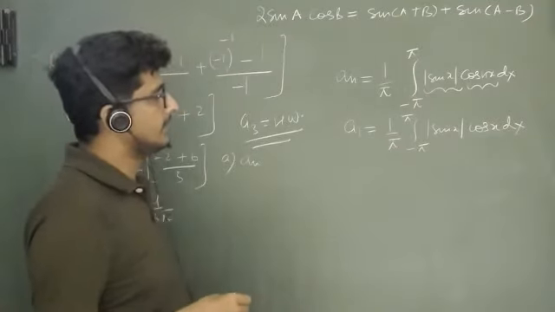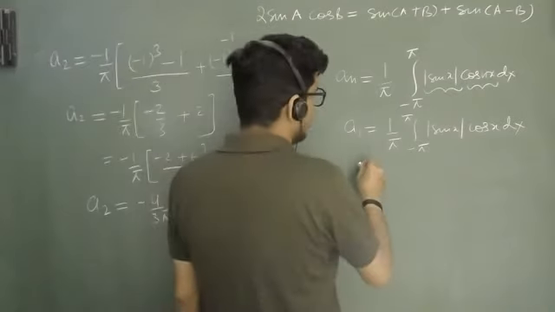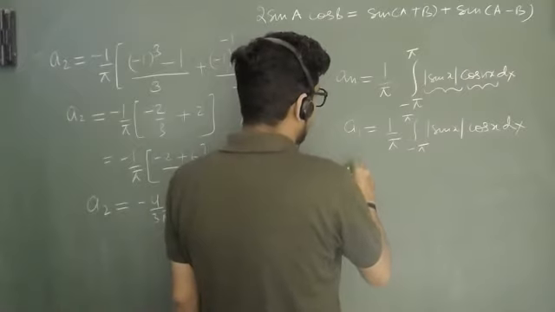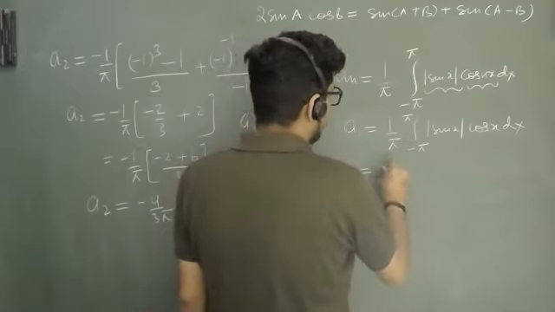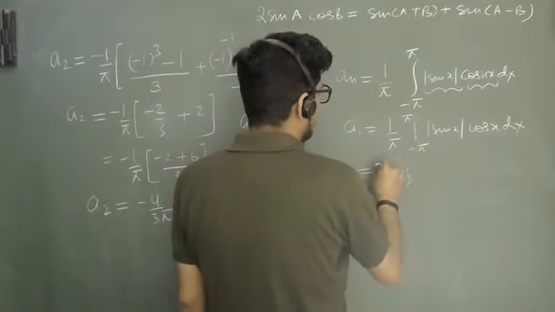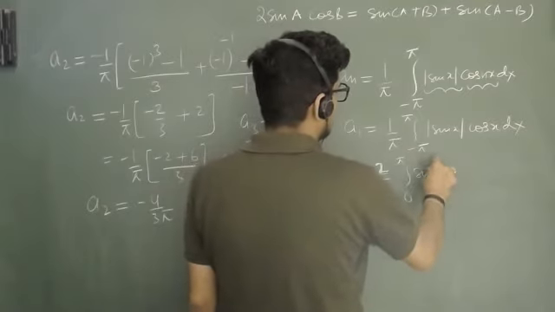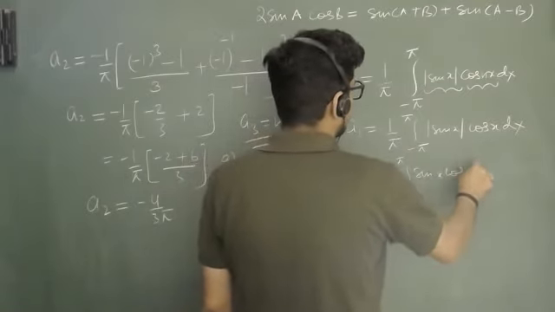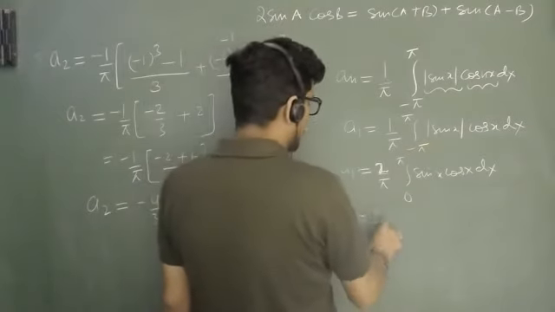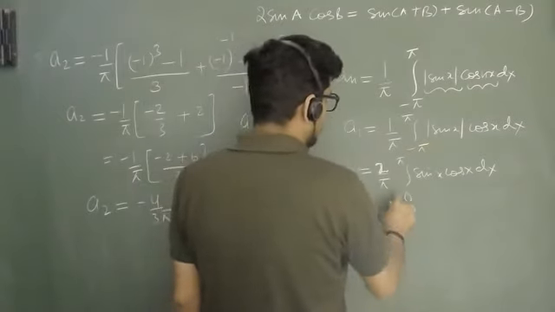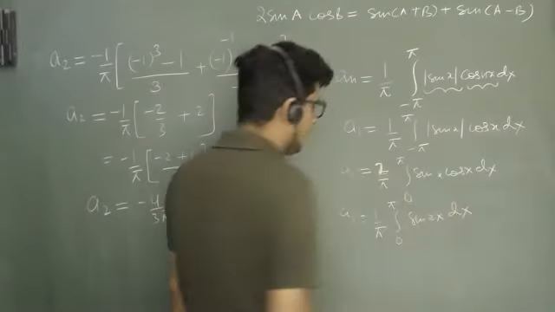This is the value of a1. So a1 is equal to 1 by pi times 2 integration 0 to pi sin x cos x dx. So a1 will become 1 by pi integral 0 to pi sin of 2x dx. Am I right?